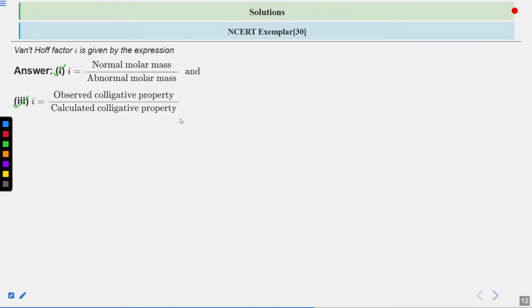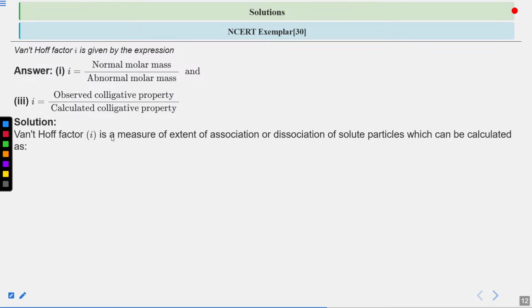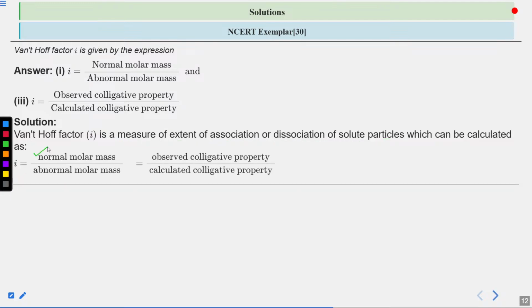The Van't Hoff factor is a measure of the extent of association or dissociation of the solute particles, which can be calculated as i equals normal molar mass divided by abnormal molar mass, or also the observed colligative property divided by the calculated colligative property.